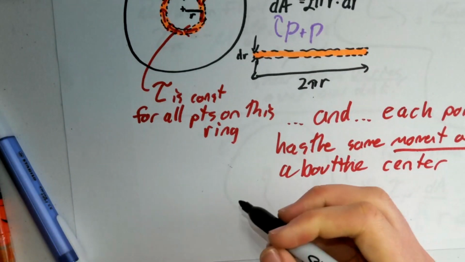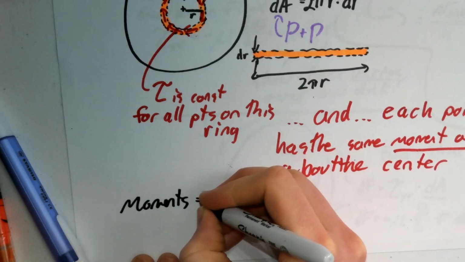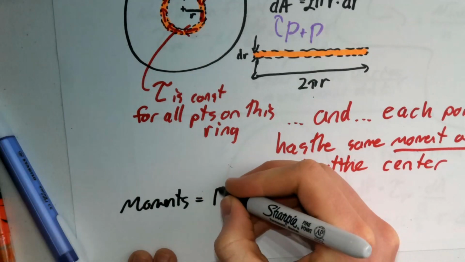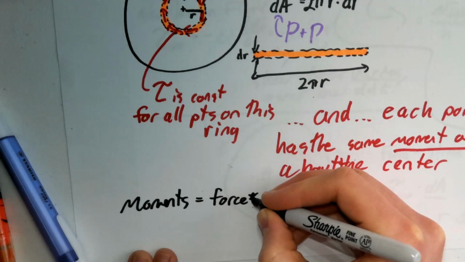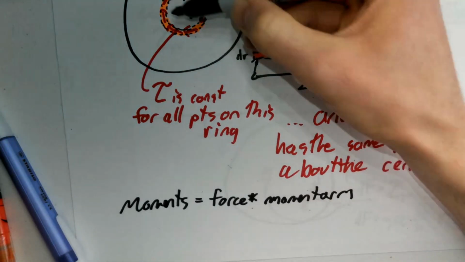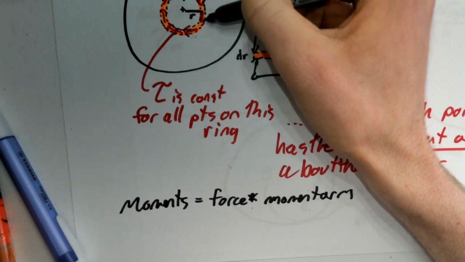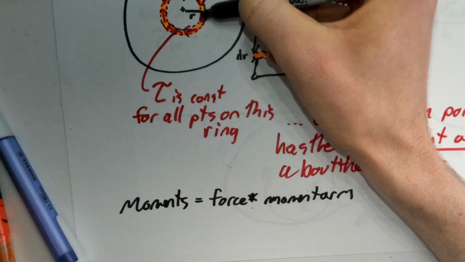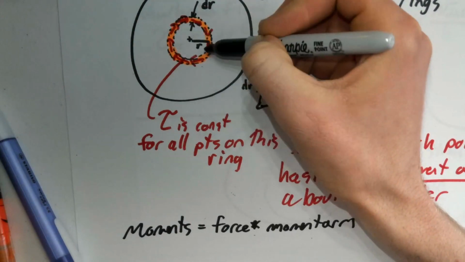So what does this mean? If I think about moments, in general, a moment is equal to some force times the moment arm. And each point on the disk has a different moment arm from the center than all the other points, but all these points along these concentric rings have the same moment arm as each other.